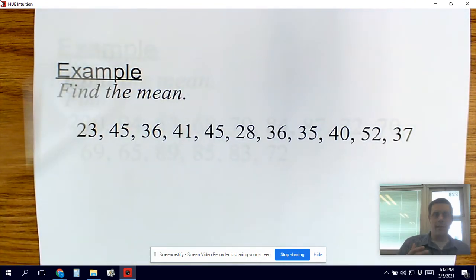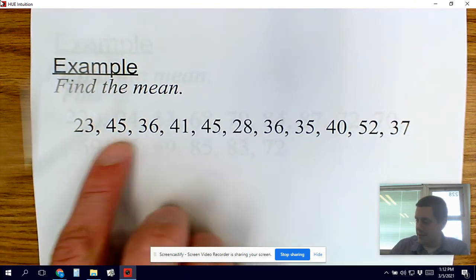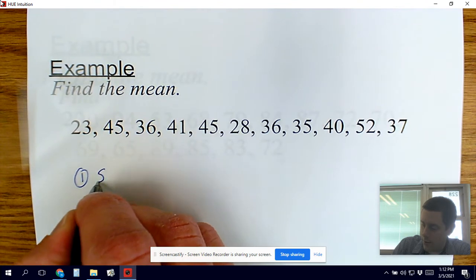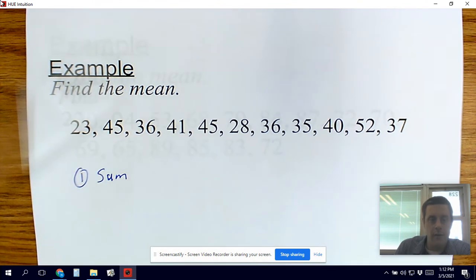Our first example is asking us to find the mean of this data set. And so calculating the mean, a two-step process. Step number one, we are to sum the values within the data set, which means we're going to add them together.